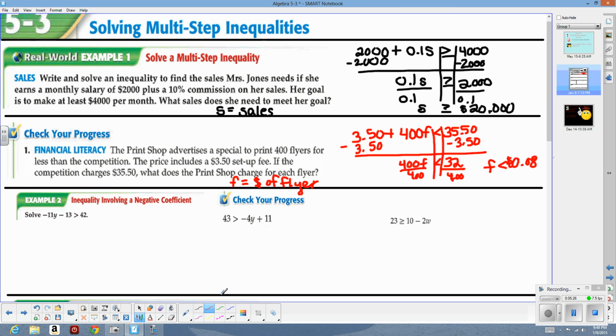Now we're going to solve some inequalities that have negative coefficients. First thing we're going to do is, in this example, add 13 to both sides. So we have a negative 11y is greater than 42 plus 13 is going to be 55.